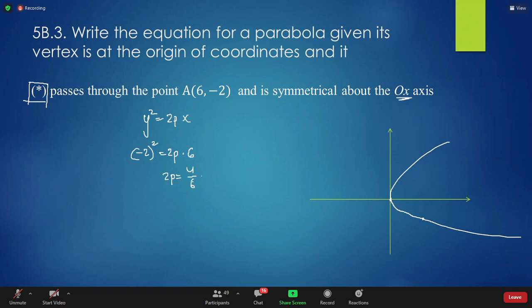And my equation is y squared equals 2/3 times x. So a completely different equation from the previous case. This information is important because it tells us in which direction this parabola will open, because on that direction the form of the equation depends.